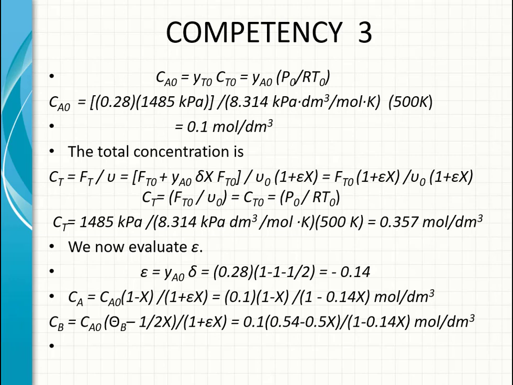And now if we evaluate epsilon, which is equal to YA0 times delta, epsilon is going to be 0.28 times delta, where delta is 1 minus 1 minus 1 half, because remember that we have SO2 plus half of oxygen that gives us SO3, so it's 1 of SO3 minus 1 of SO2 minus 1 half of oxygen.